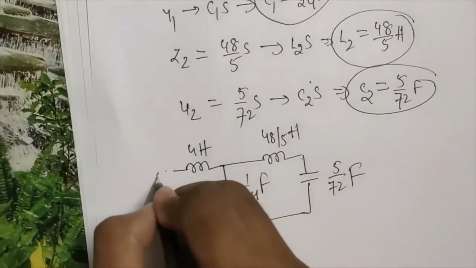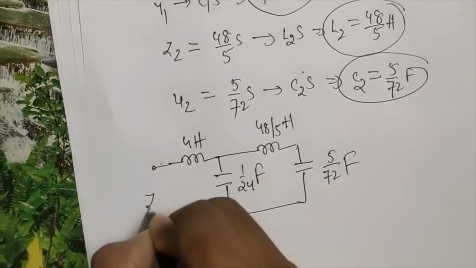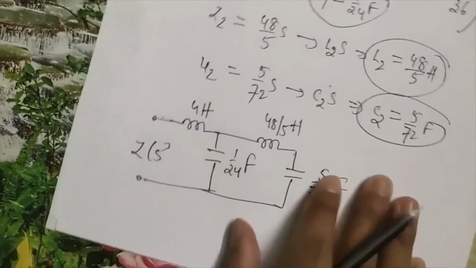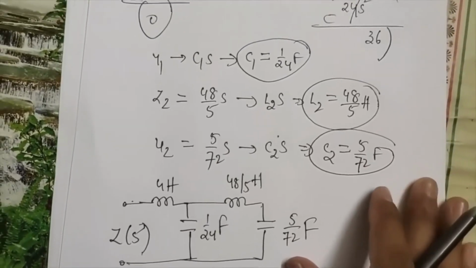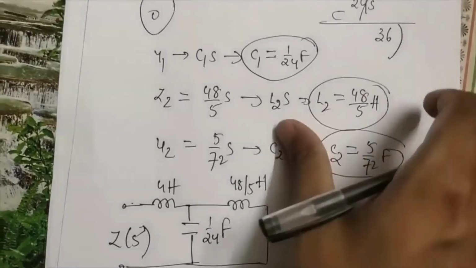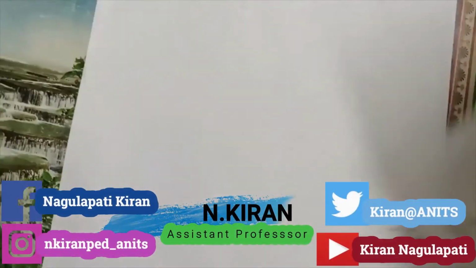So this is the network obtained after we synthesize the given impedance function belonging to LC using Cauer first form, and the last method is Cauer second form.